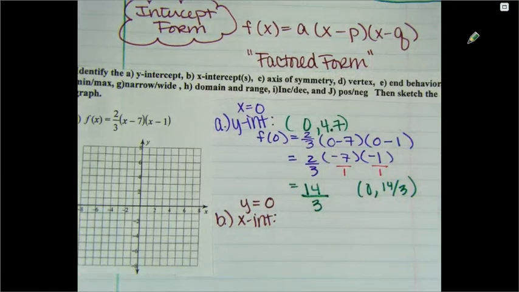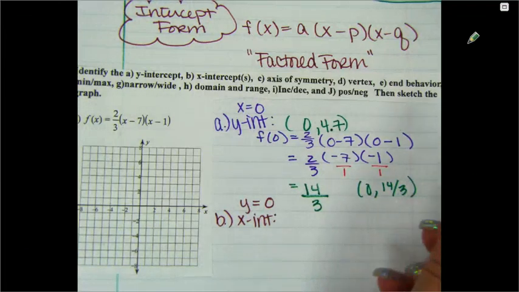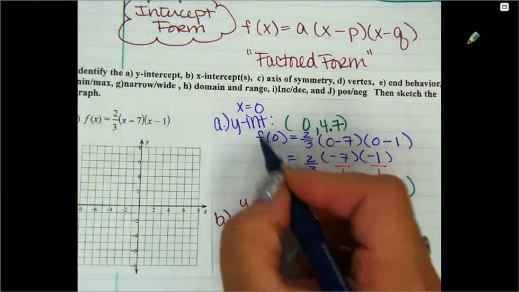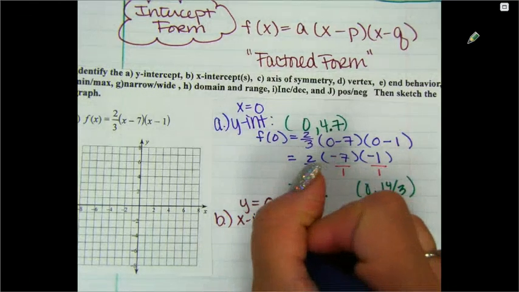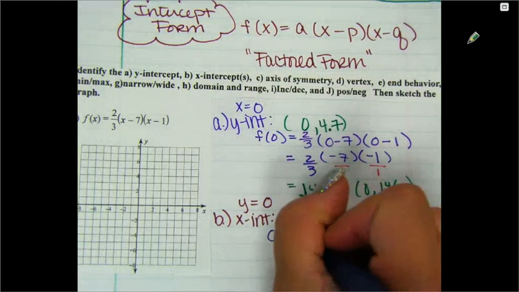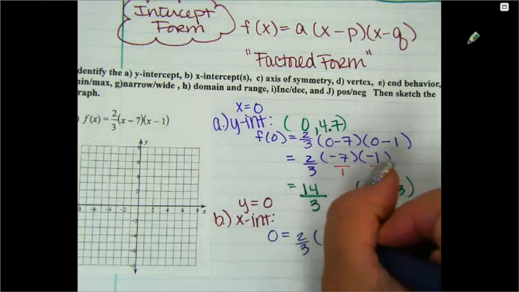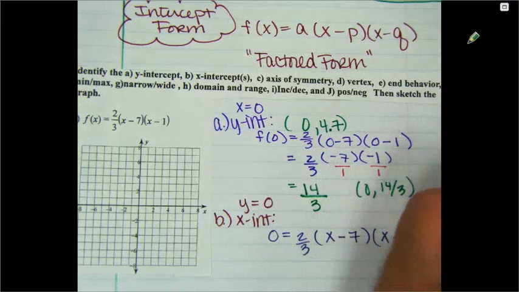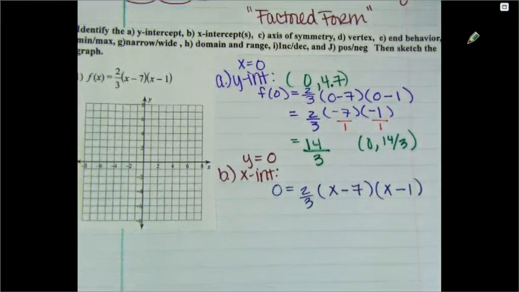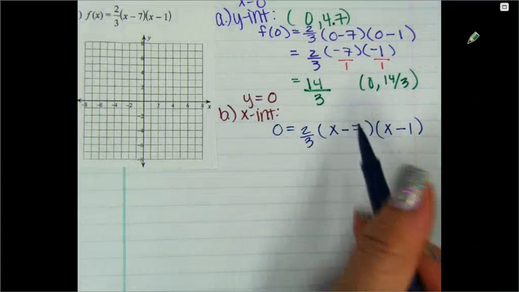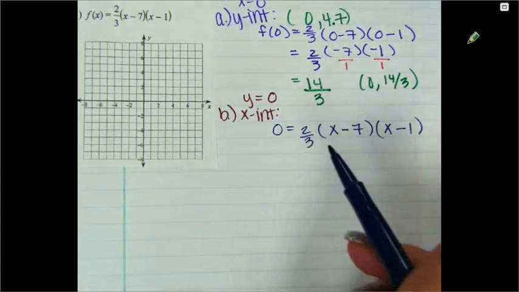So when I plug this in, I write 0 equals 2/3 times x minus 7 times x minus 1. Remember, you're not plugging in anything but 0 at the one spot. We're replacing y with 0.